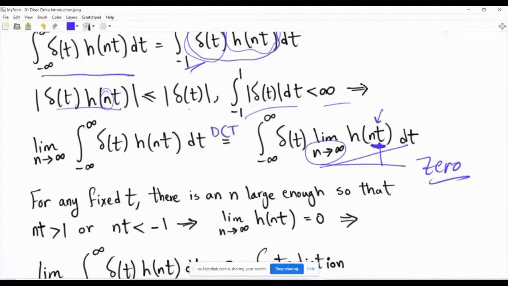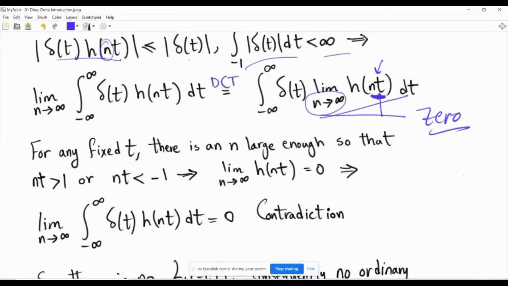If t is negative, there is an n large enough such that nt is a negative number less than -1, and so h of this negative number is also 0. Hence the limit is equal to 0, for all positive and negative t. It is not 0 if t is equal to 0, but again, that's just a point, and integrals do not care about things happening on sets of measure 0.